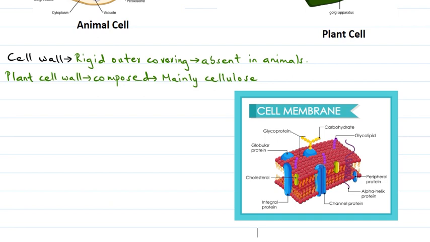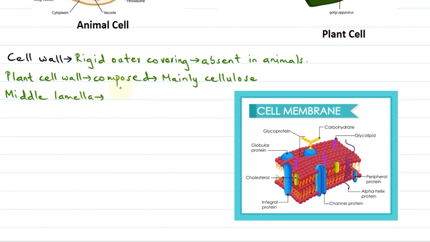There is a pectin-rich cementing substance between the walls of adjacent cells, which is called the middle lamella. So what is the middle lamella?